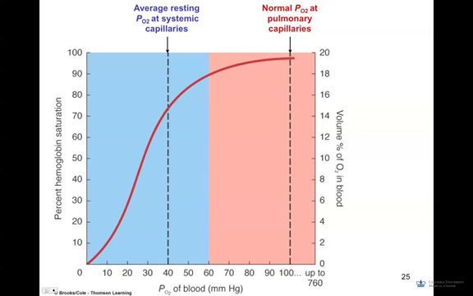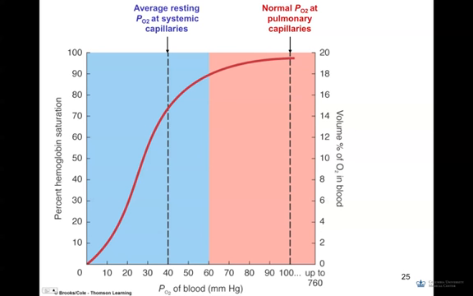And so if we look at this flat portion of the curve versus this steep portion of the curve, what we're actually looking at are ranges of PO2 that reflect these two different settings. So in the upper portions of blood PO2, from 100, 90, 80, this is the range of PO2 that hemoglobin will experience when it enters the pulmonary capillaries.